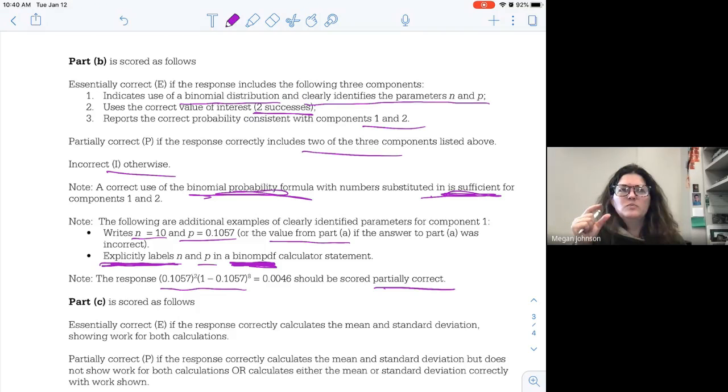Okay, I want to go back to that probability. This is one of those funky questions where the answer you found in A, you have to use in B. Well, what happens if you do A wrong? If you do A wrong and you use your answer from A in part B, but you do part B correctly, you will get a P. You don't automatically get an I, which is a good thing, but you can't earn an E. Okay?